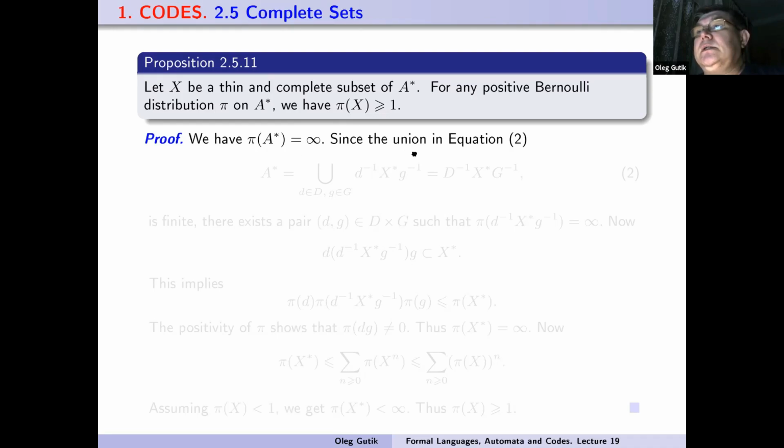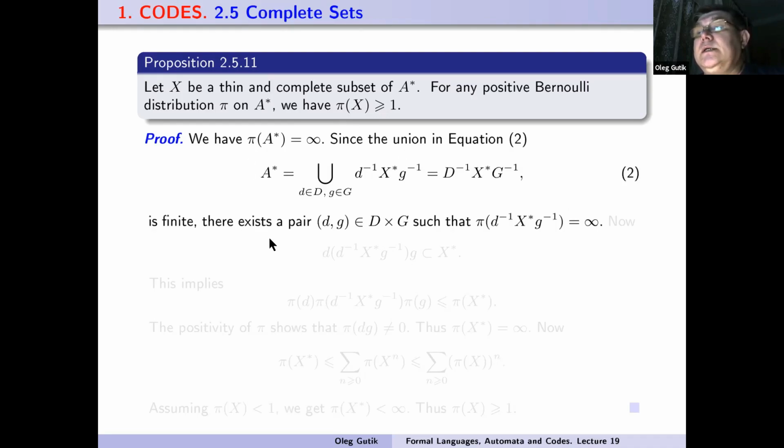Since the union in equation 2 is finite, there exists an ordered pair (d, g) from D times G, so that pi of d^-1 X* g^-1 is equal to infinity.